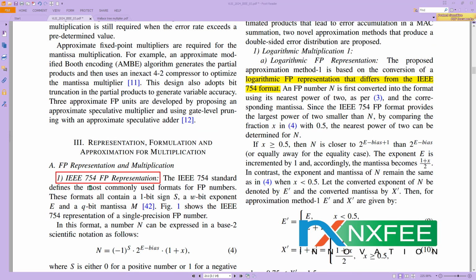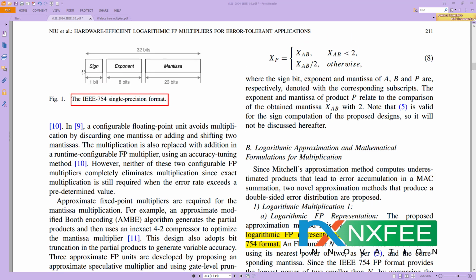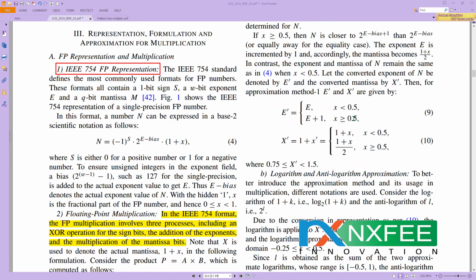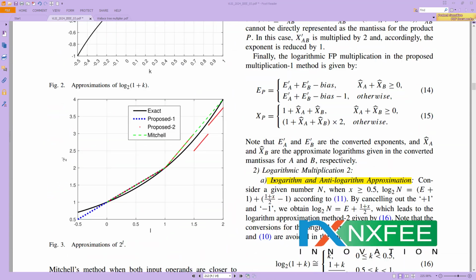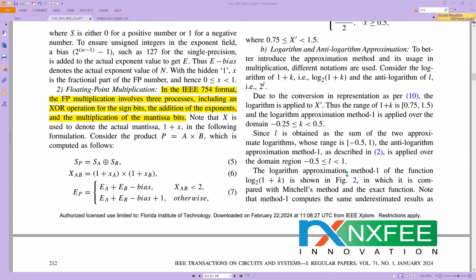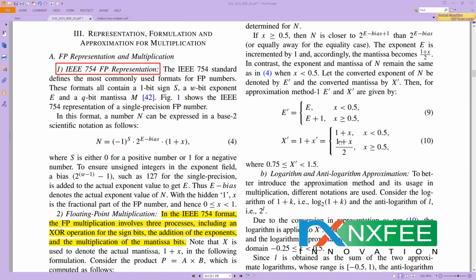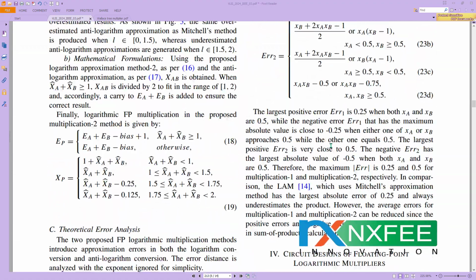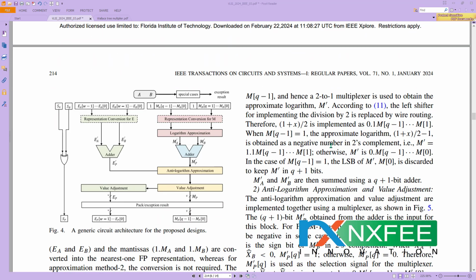This is the format of the IEEE 754 FP representation, with a sign, exponent and mantissa. Logarithmic multiplication 1 and logarithmic multiplication 2 are represented by equations 9 and 10. As per that we need to create logarithmic and anti-logarithmic functionalities, and the internal architecture of this method is given in figure 4, figure 5 and figure 6.